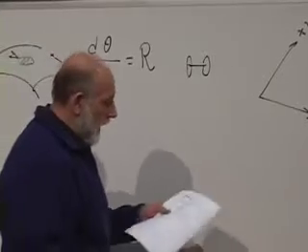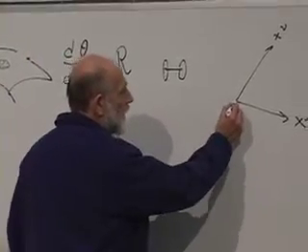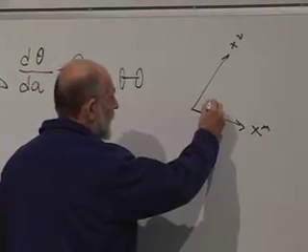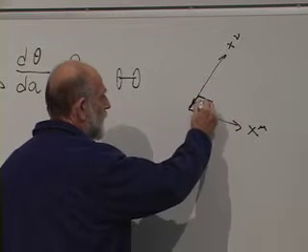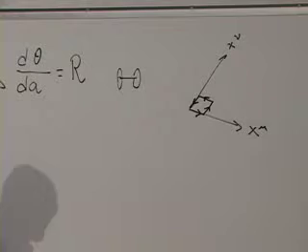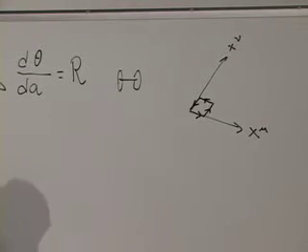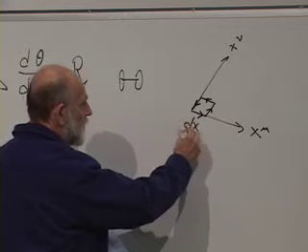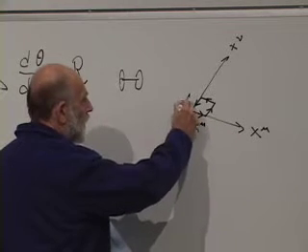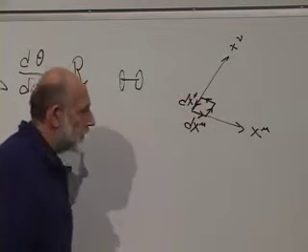We're going to go around in a small rectangle, or as close to a rectangle as we can build. In other words, we're going to have a small dx mu and a small dx nu.